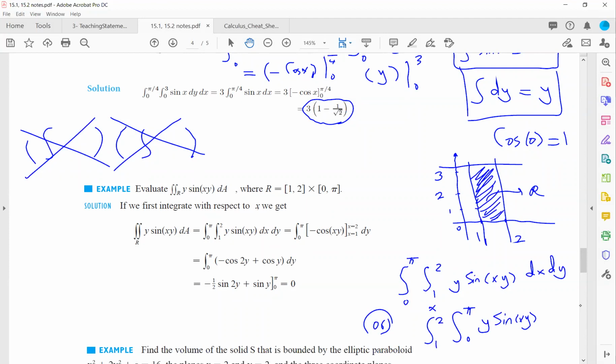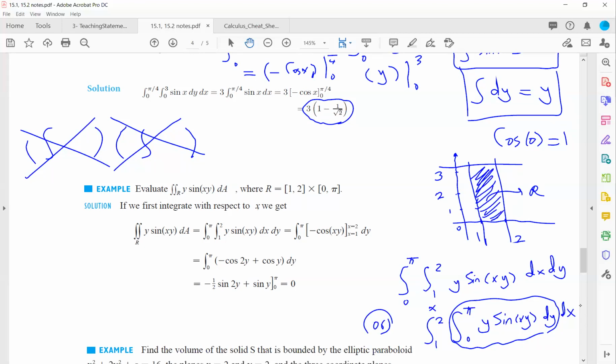One of them has more work to do. Take a look at the second one. Here you are taking the integral with respect to y. It means that you are taking the integral of y times sine of y, which requires more work.